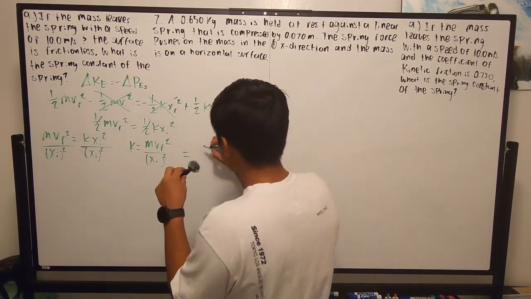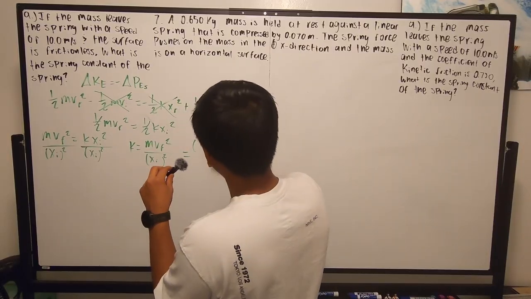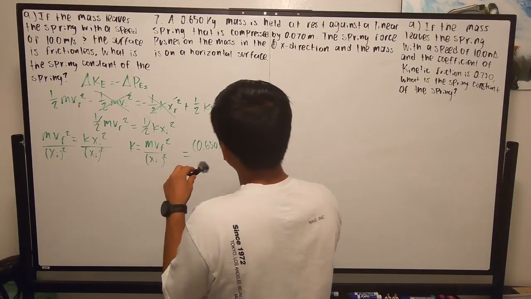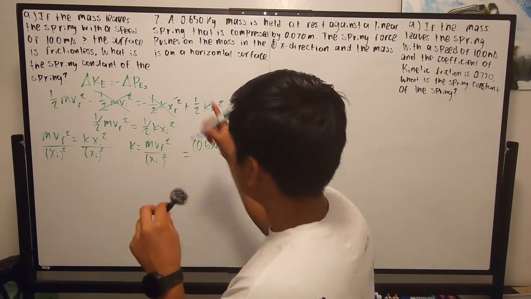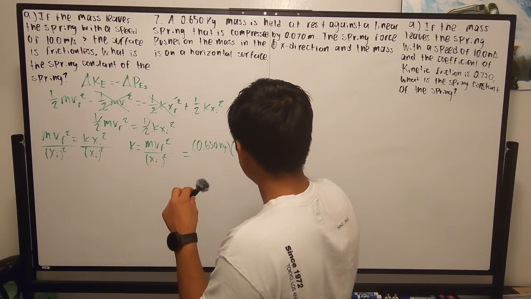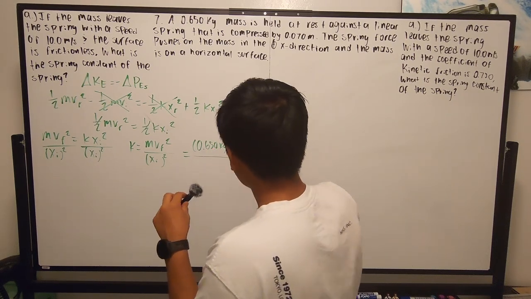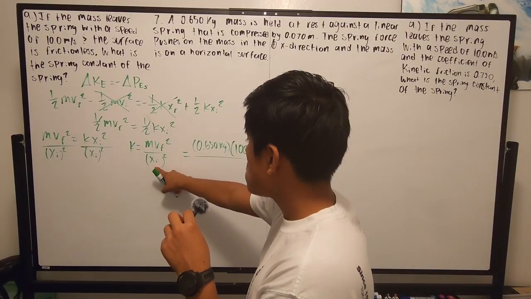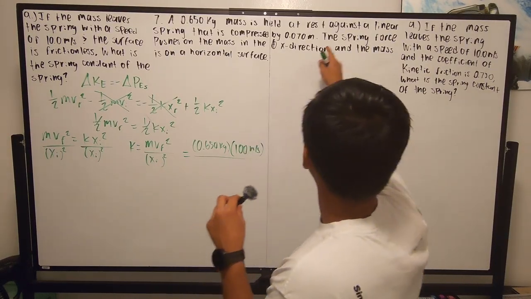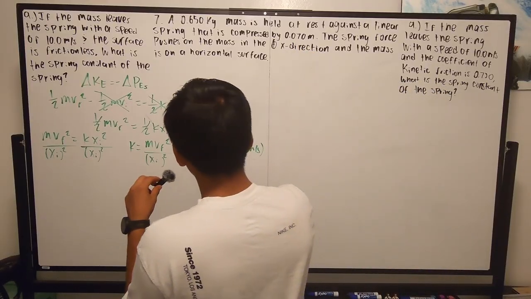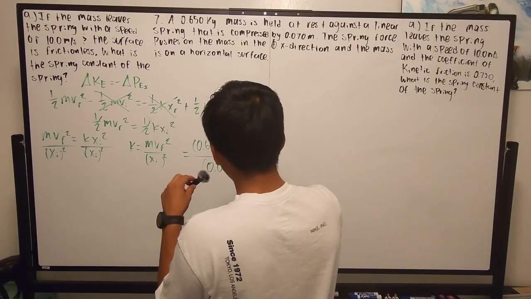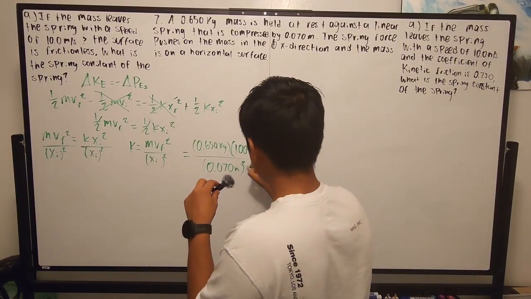once I plug in all my values, the mass is equal to 0.65 kilograms, and the speed is equal to 10 meters per second, but we're going to be squaring it, so I'm just going to square it already. It's going to make it 100 meters squared per second squared, all over the initial compression of the spring, which is 0.07 meters, and this is squared, so we'll square that.